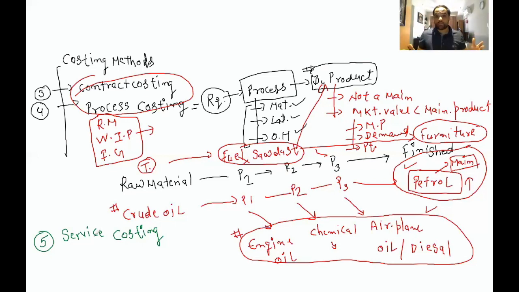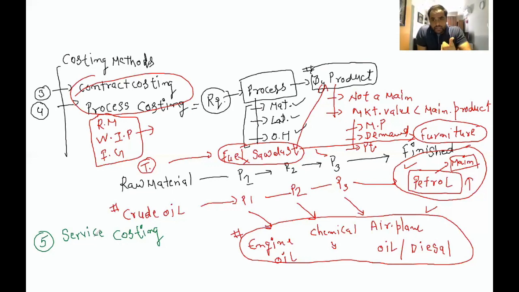So we don't call it a product anymore. We call them services, right? And in order to understand service costing, we need to understand the characteristics of services. All services have the same characteristics.